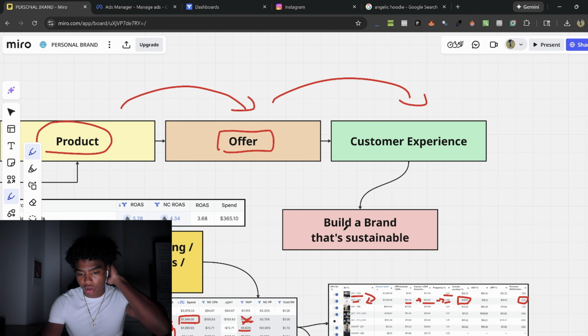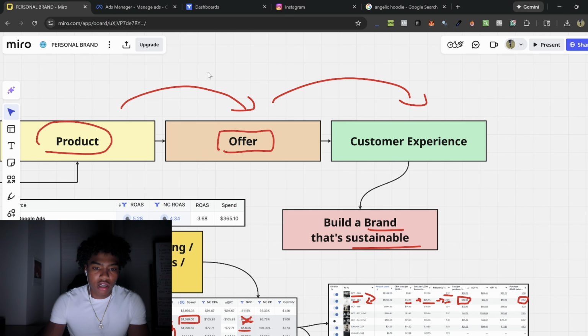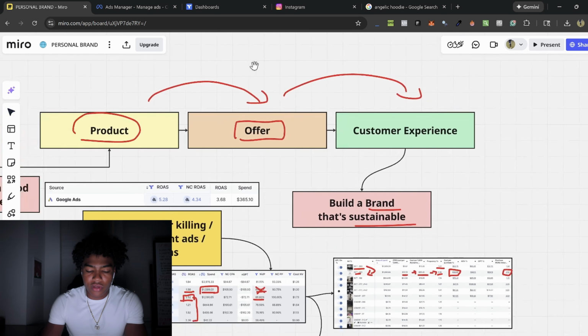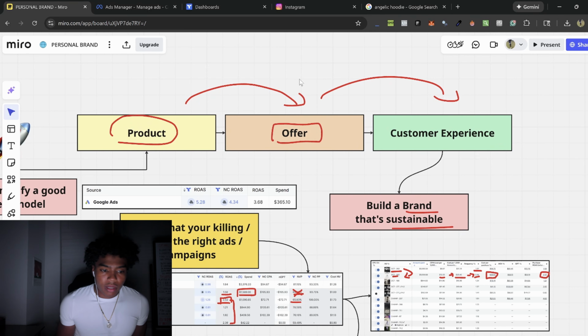Because at the end of the day, you want to build a brand that's sustainable, and with fashion specifically, right, you're looking at like a 50-50, 60-40, maybe 70-30 if you're in an aggressive growth phase, split when it comes to new to returning customers. You know what I mean? Now, if you kill your returning customer revenue and percentage, then you're essentially losing out on where all the profits are.